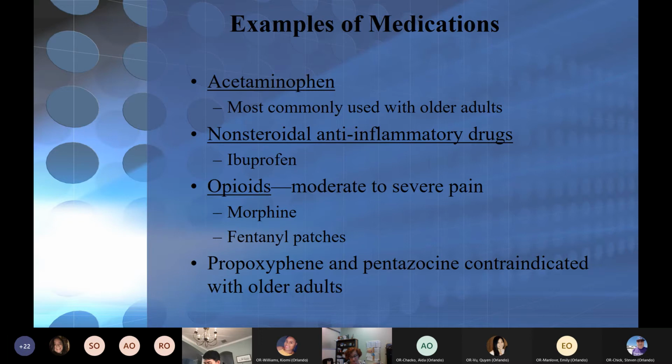However, we have to remember the side effects of the NSAIDs before the doctor will actually request that to be given to a patient, because with NSAIDs, long-term use can cause GI bleed. It does block some transmission of pain receptors, and so it's a good drug to use, and there's lots of different examples of that.